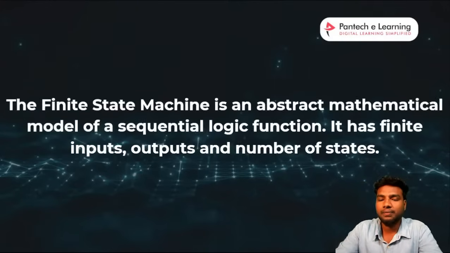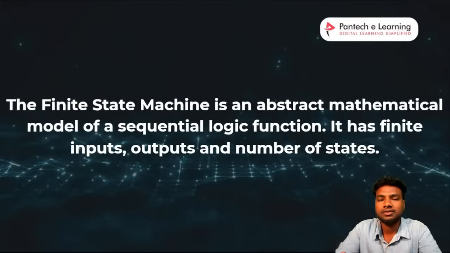We know that a state machine, yesterday we also saw what state machines are. FSM is an abstract mathematical model of a sequential logic. It has finite inputs, finite outputs, and a finite number of states. All of these, inputs, outputs, and states, are based on our requirements and our conditions.